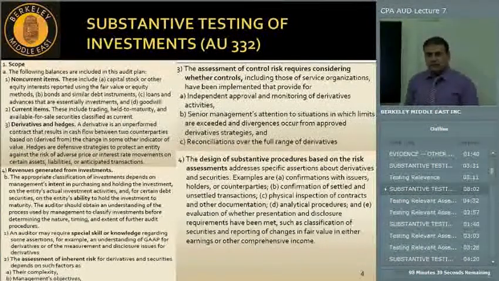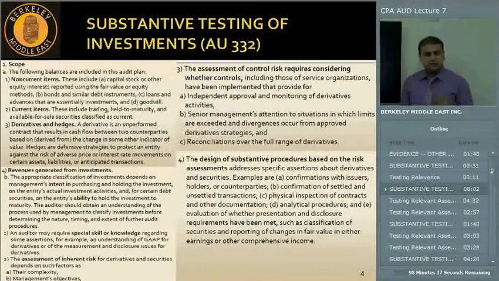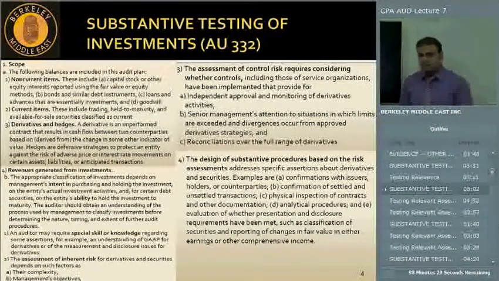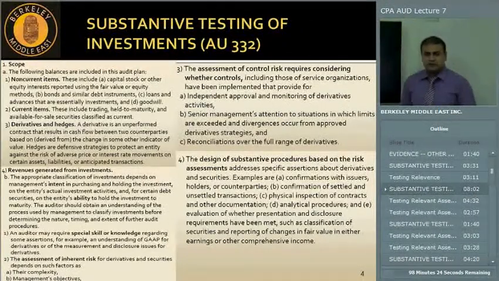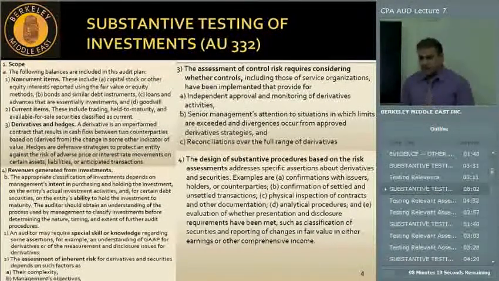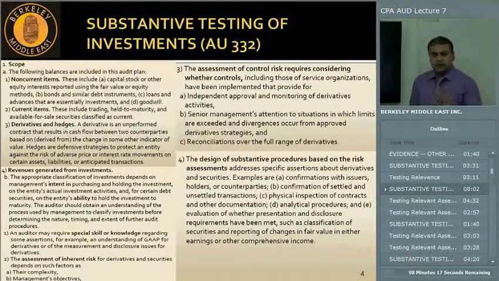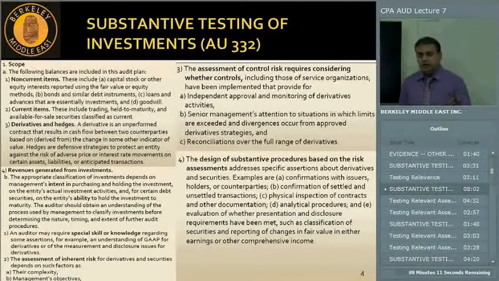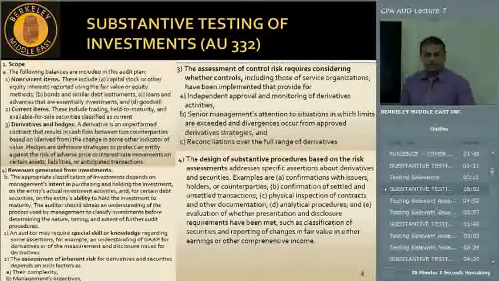Derivatives are financial instruments derived from an economic transaction or activity between two parties. One party is a seller, the other is the buyer. Sometimes the thing does not exist when we come to an agreement. Suppose you are a farmer and I am an investor. I will approach you even before you have cultivated the crop, and I will give you a fixed rate to buy it after 3 or 4 months.